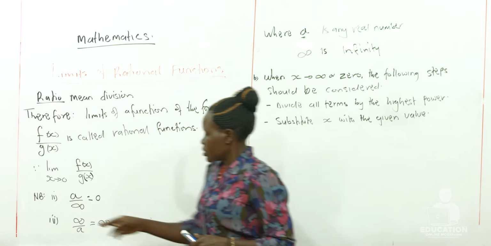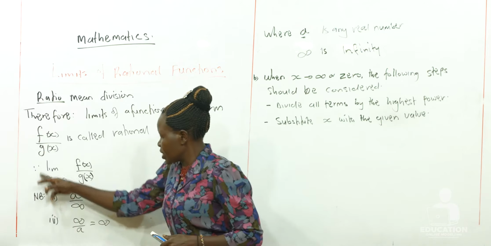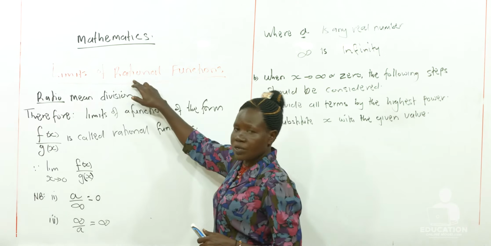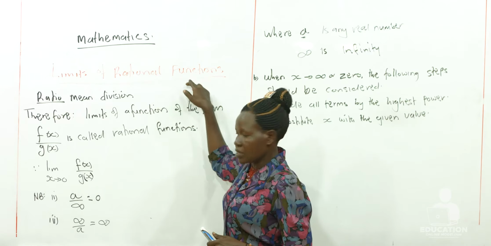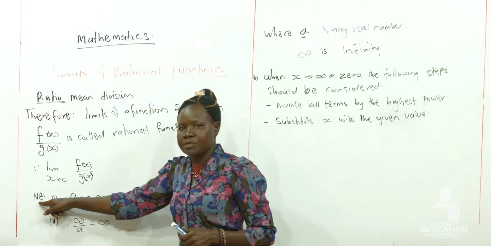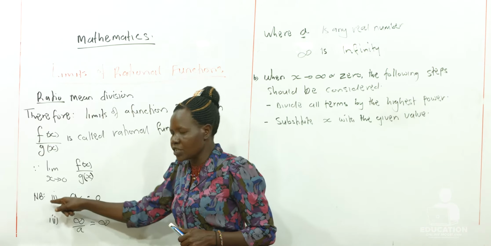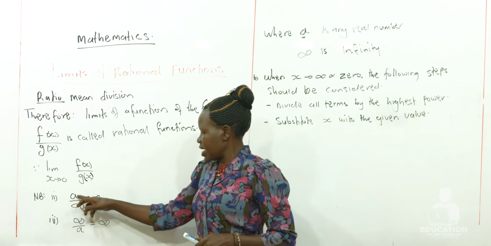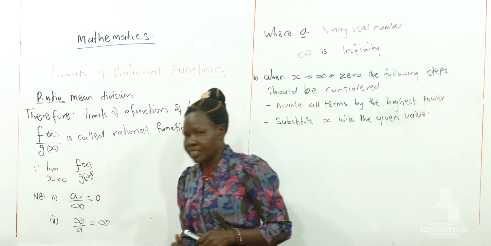Then I want you to take note of this. When you get this kind of limits, it means you are already on rational functions. Now when you come to this part of NB, NB simply means you take note of this. Be keen on the situation where you find A over infinity.